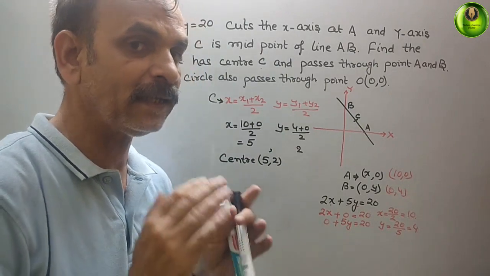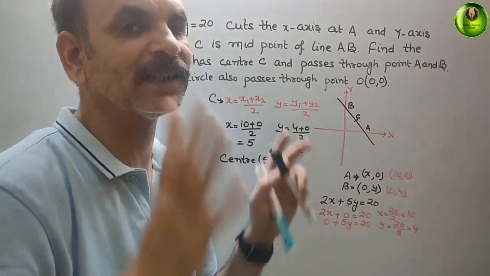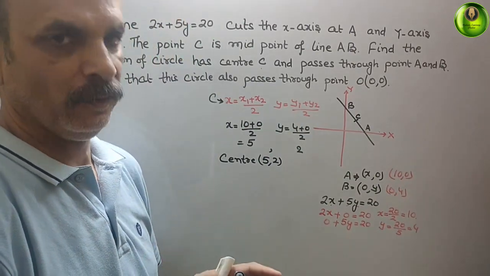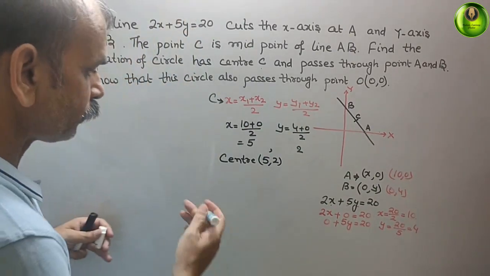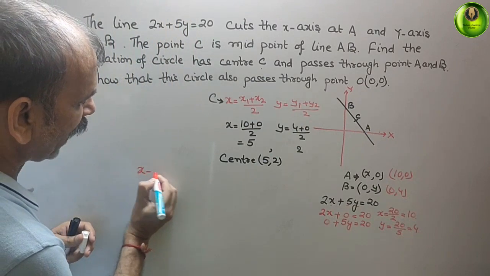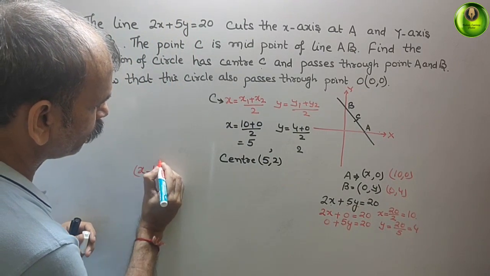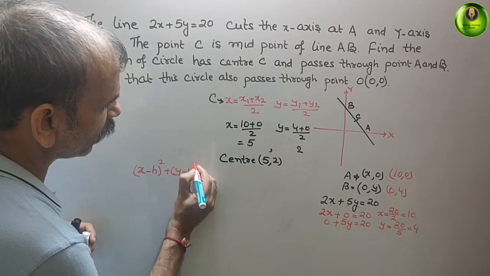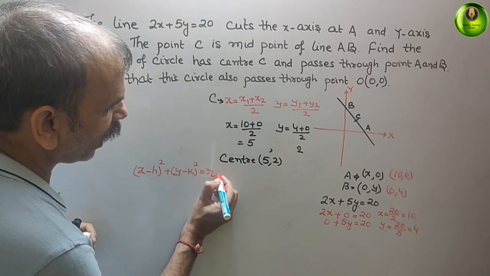Now we will write the equation of a circle: (x - h) whole square plus (y - k) whole square is equal to r square.